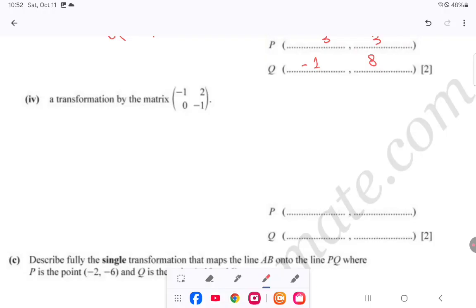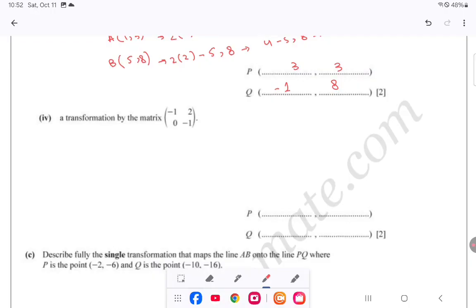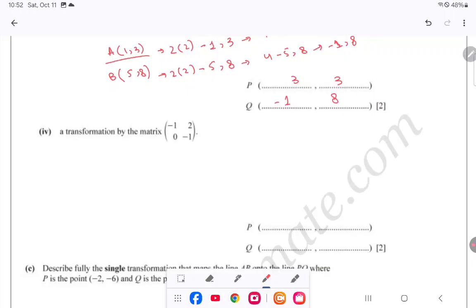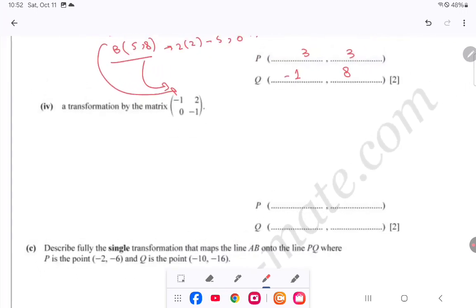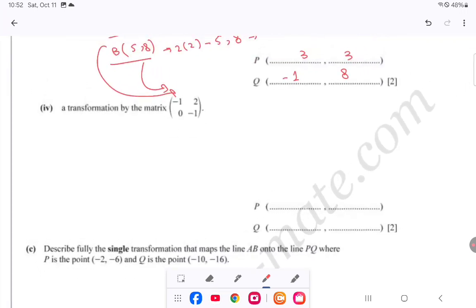For part 4 we are using a matrix for the transformation. In order to calculate the transformation, the point A which is 1 over 3 will be multiplied with this matrix, and B is also calculated with it for P and Q. Now in order to multiply, first write it in matrix form, which is 1 0 2 negative of 1 multiplied with the vector 1 over 3.